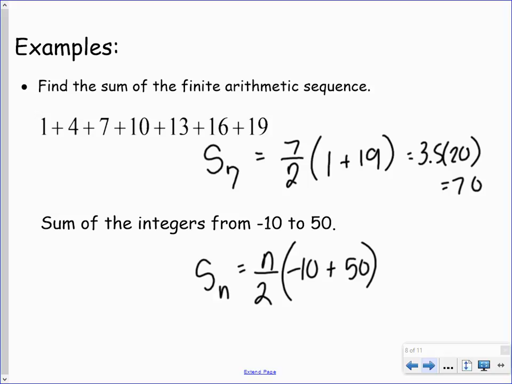Just to make this clear for everybody, I am going to count 10 numbers on my hand in this set. I'm going to start at negative 10. Negative 10, negative 9, negative 8, negative 7, negative 6, negative 5, negative 4, negative 3, negative 2, negative 1. So from negative 10 to negative 1, that is 10 numbers. Do you agree? I just count them on my fingers.